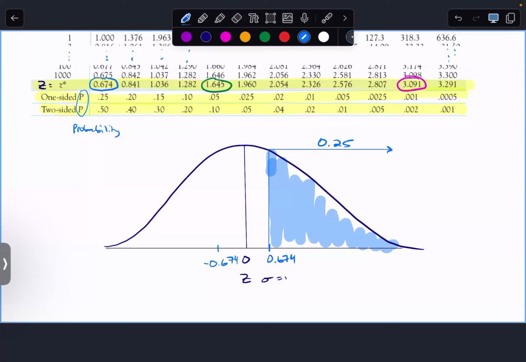So at Z of negative 0.674, by symmetry, I should have the same area in the tail here, 0.25. Right, by symmetry.